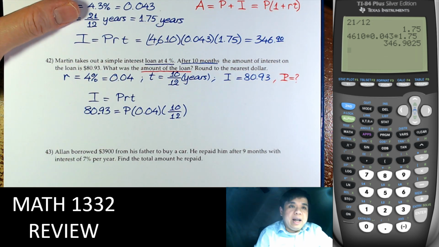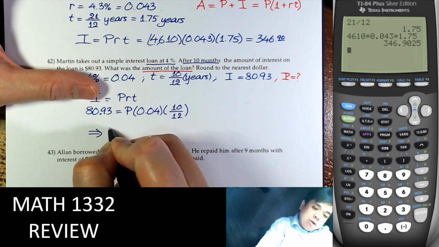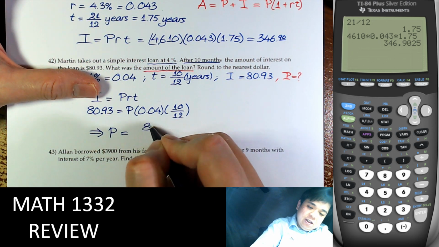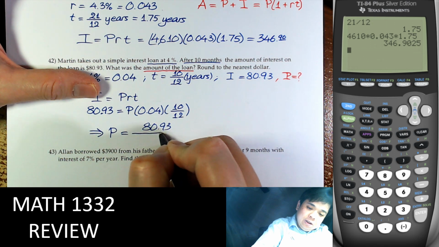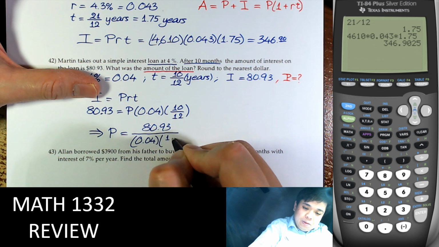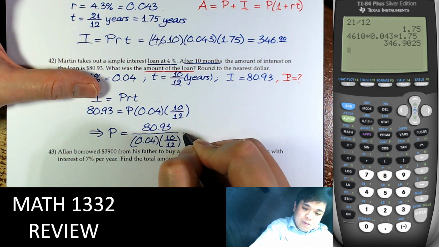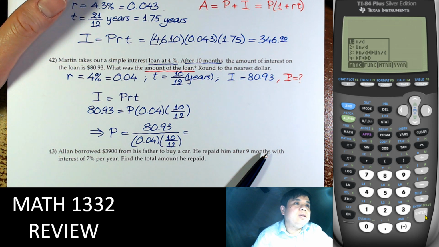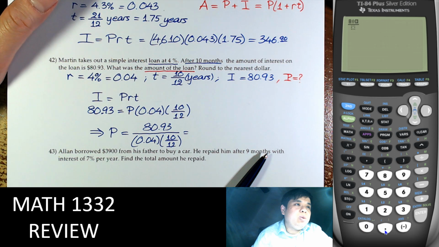Right. Now to solve for P, the principal, we just take 80.93 divided by everything here. So 80.93 divided by 0.04 times 10 over 12.